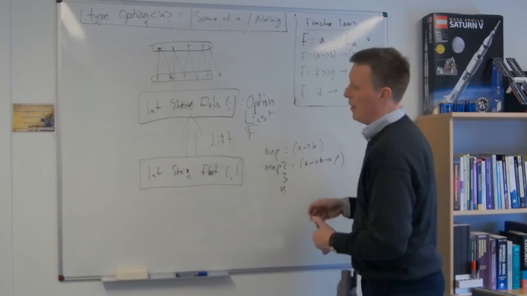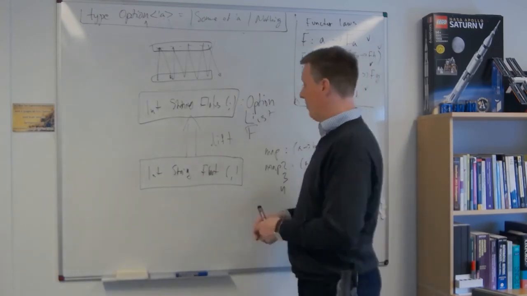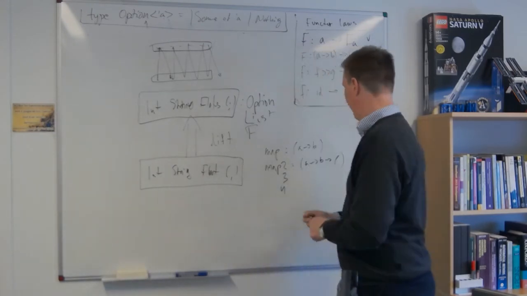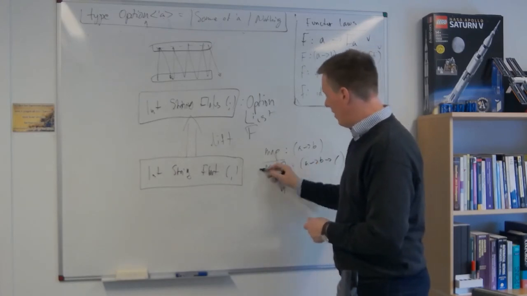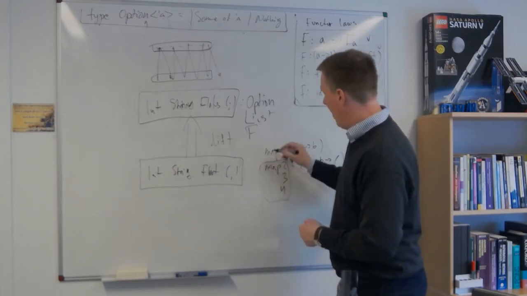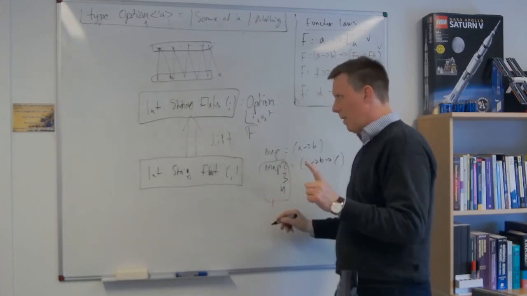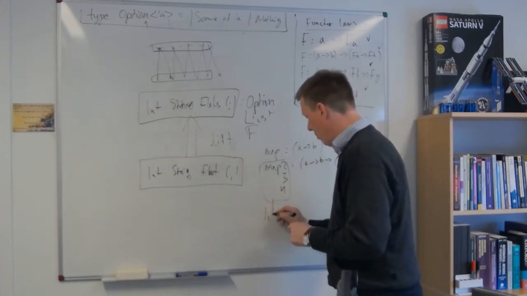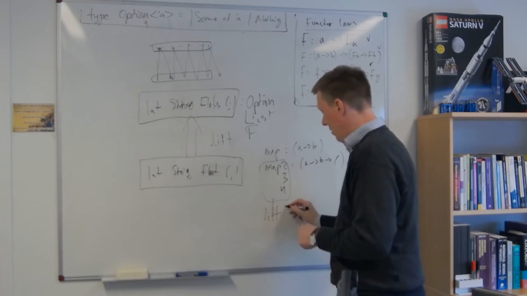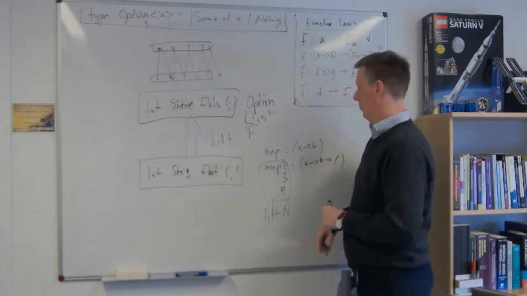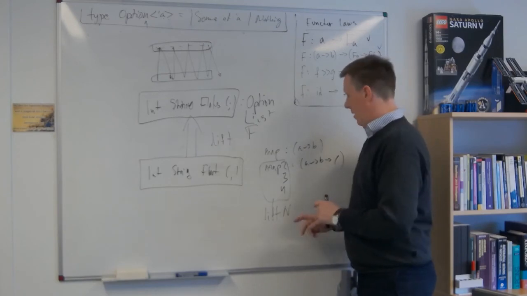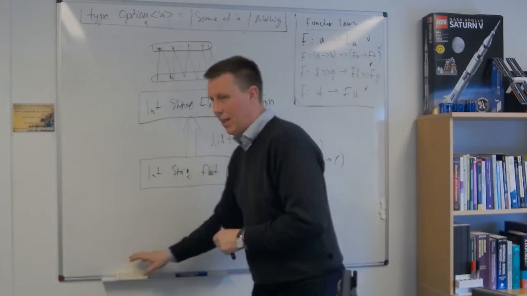And it's quite easy to generalize these things. I think actually in F# these are not called map2, map3, they're called lift n, but I'm not 100% sure about this. And we're going to see more of those in the next lecture.